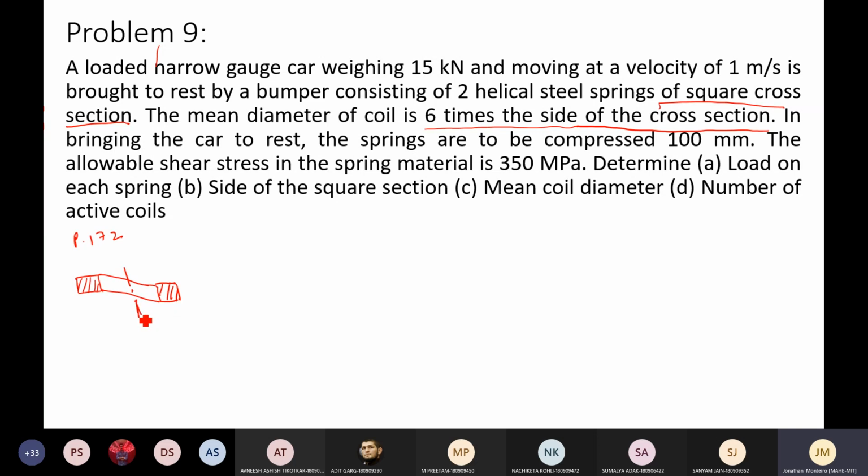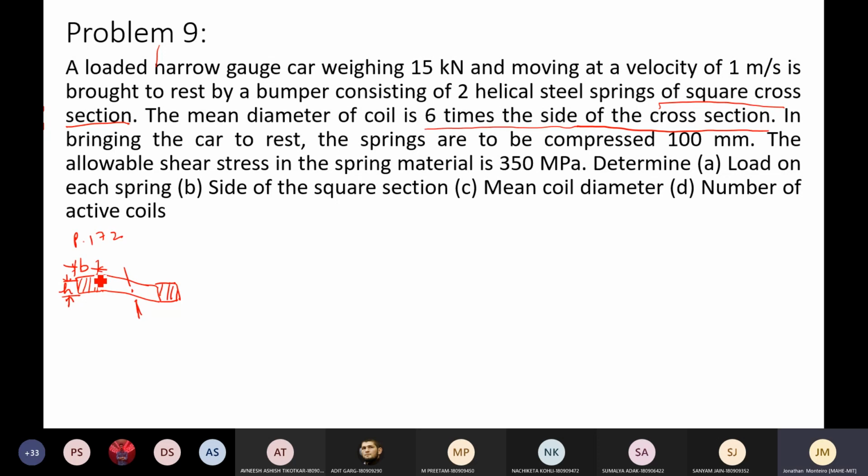Please excuse my lines here, it's a little difficult to draw on the digital board. We'll try our best to get a straight line. Anyway, this is B and this is H. Always remember, B and H, as the name suggests, H means height and B means breadth.